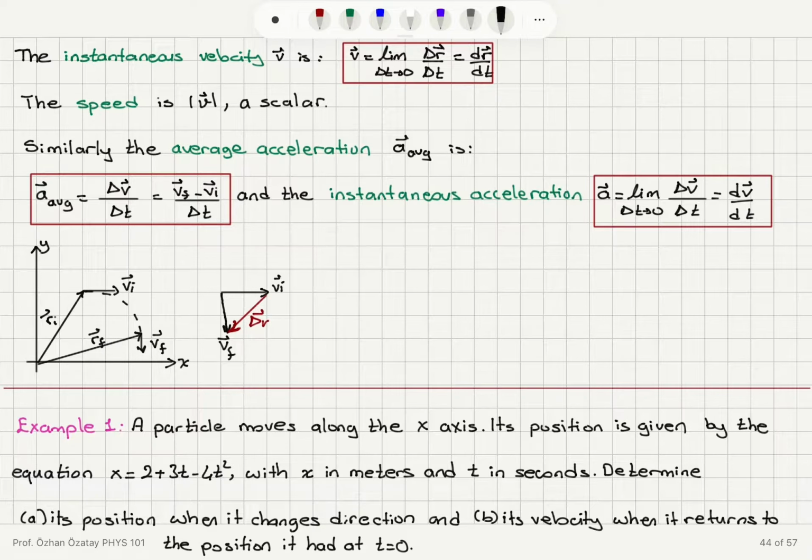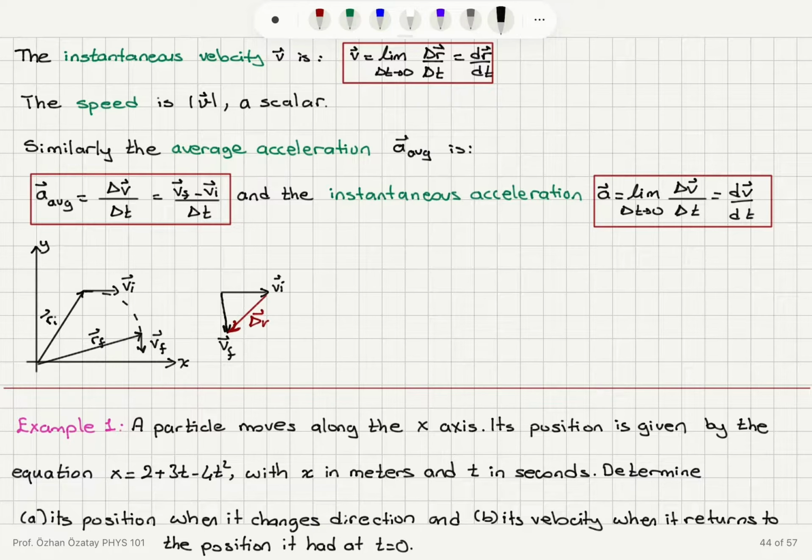Okay, now to digest what we have learned from these kinematics equations, let's take a look at a few examples. Our first example is related to a particle motion along the x-axis. A particle moves along the x-axis.